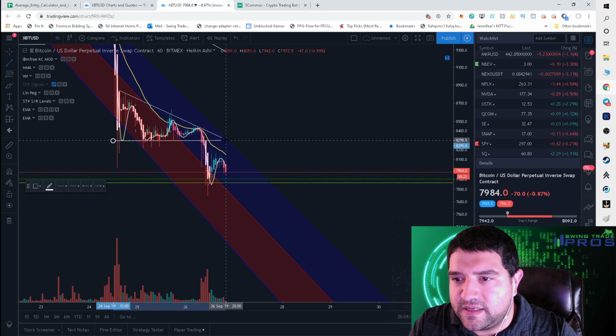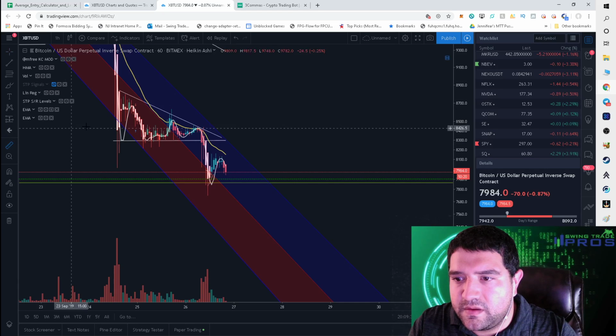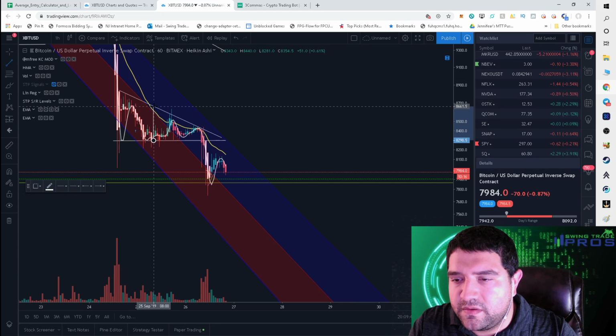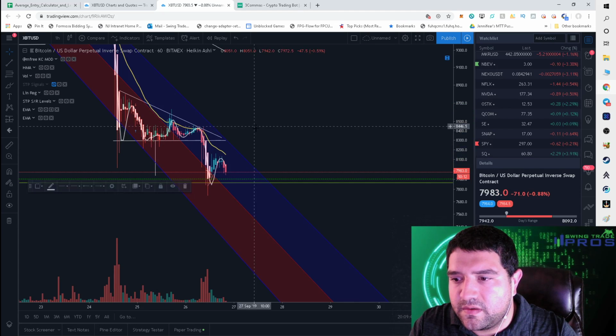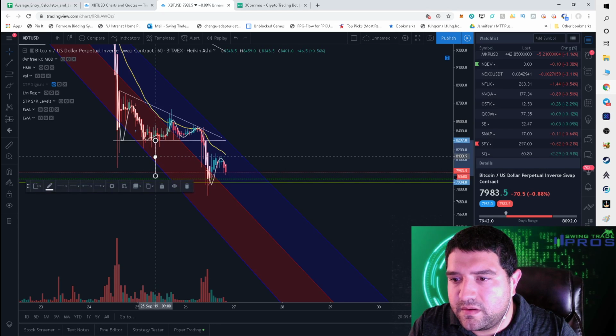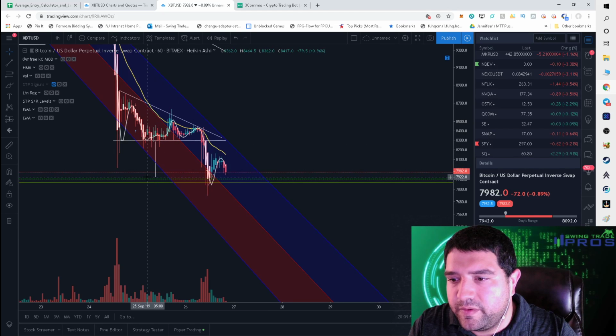We had this descending triangle, and you could just draw from the top. We pretty much hit the measured move, right? So we pretty much nailed it, right?